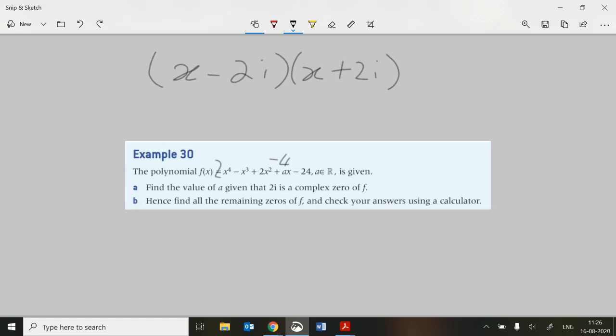So if we've put in all of our numbers, 2, -1, 2, -4, and -24, or rather we found that we've got -4 out there, and we've got our expressions in terms of a, we can then just substitute back in the -4.